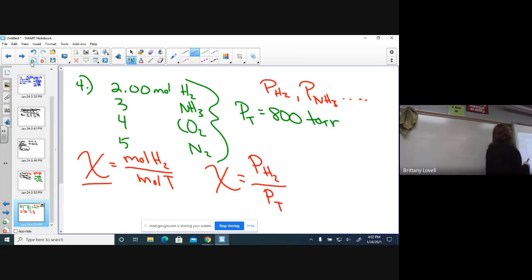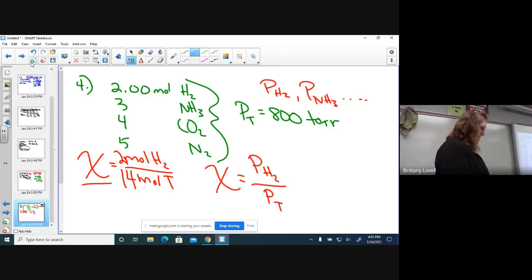Okay. So do we know the moles of hydrogen? Sure. We know that it's 2. We got 2 moles of hydrogen. And we know that the total moles of the system is just what? 2 plus 3 is 5, plus 9 is 14. So 2 divided by 14.